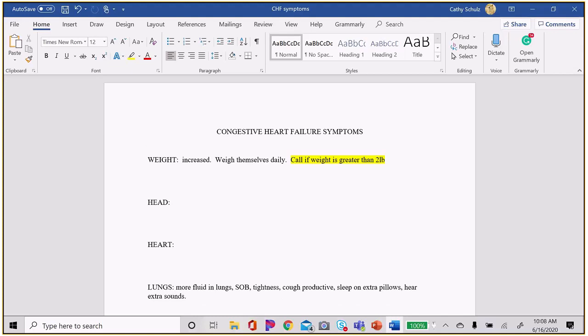If they called earlier, that would even be better, which is 1 pound or 2 kilograms. That would even be better. So focus on that too. What does this mean? If the patient calls and says their weight is up, their heart is probably not pumping effectively.